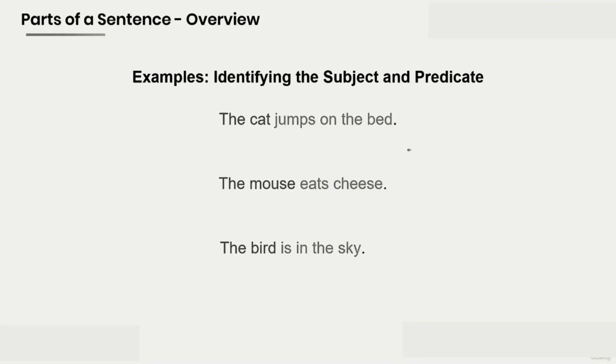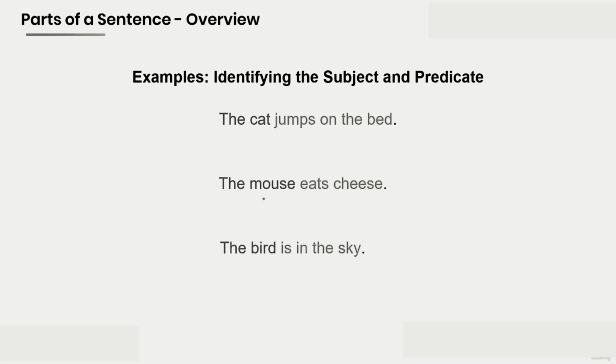Let's see if we can look at these and just kind of identify the different parts. So the cat jumps on the bed. Ten sentences. The cat is the subject because that is who or what it is about, where jumps on the bed is our predicate, with jumps being the verb and the bed being the object.